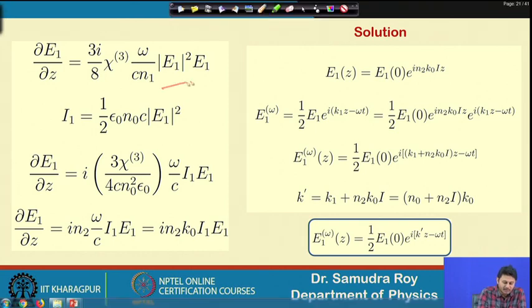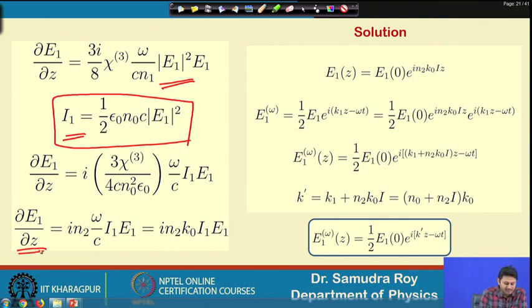So, mod of E1 square I can write in terms of intensity, and if I replace this intensity with our famous equation, then eventually we will have del E1 del z is i n2 k0 I1 E1. So, my equation becomes quite simplified, and this simplified thing should have some solution, and if I find this solution, it will be simply E1 z is equal to E1 0 e to the power of i n2 k0 I z. So, we have a modulation in phase.